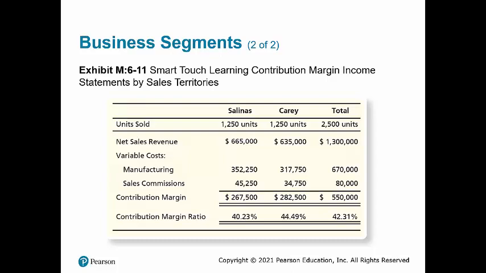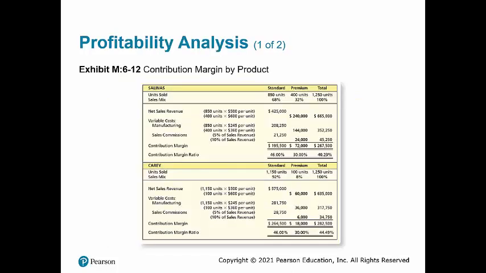It shows that even though both sales representatives sold the same number of tablets, Salinas had higher revenues, whereas Carey had a higher contribution margin and contribution margin ratio. This exhibit shows the contribution margin by product for each sales territory.